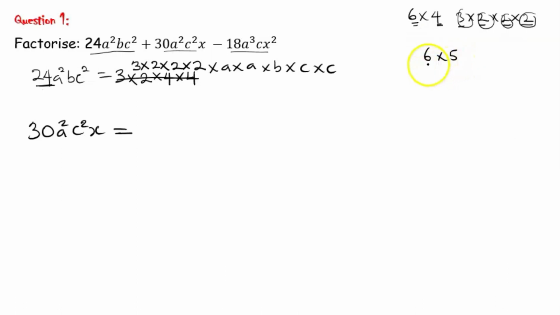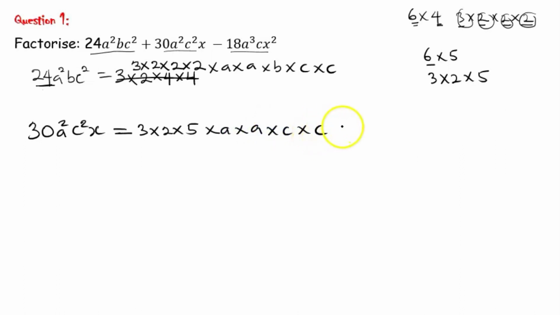But in this 6, I can still have some factors, which is 3 times 2, then times 5. So we have 3 times 2 times 5 times a times another a times c times c times x.